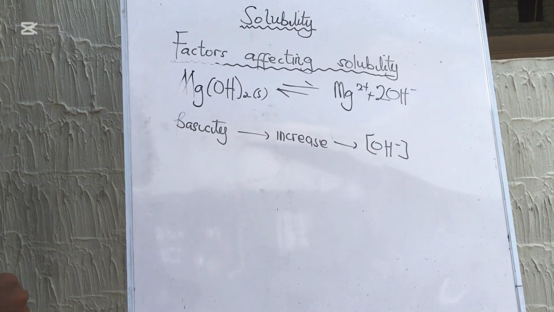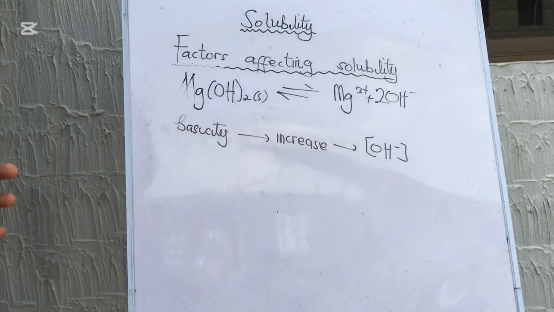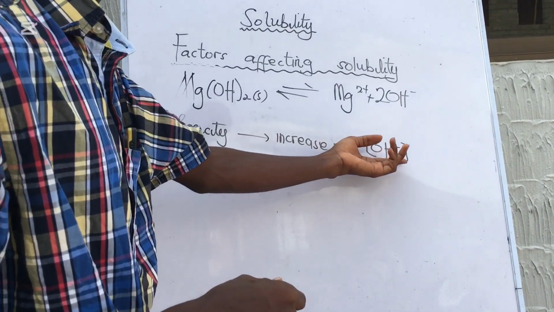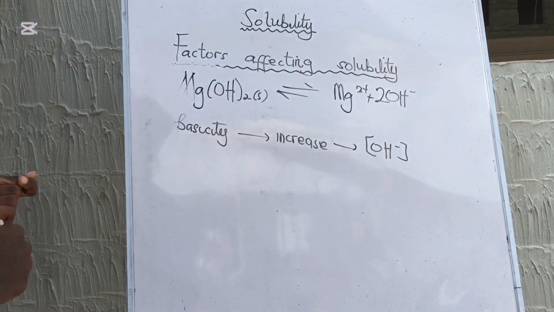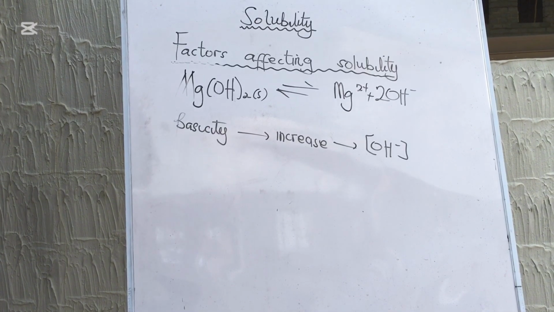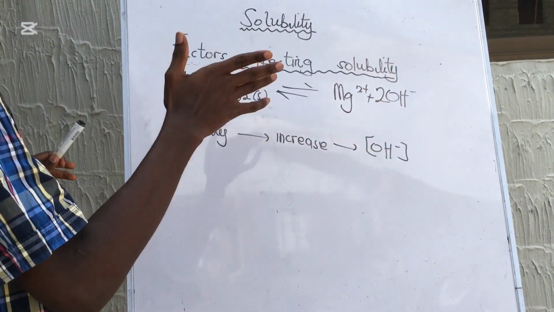Now, if you are introducing OH minus, we can explain this in 2 ways, and it will still give us a valid observation. First of all, the common ion effect can explain it. Secondly, you can also use the Le Chatelier principle, where the system will adjust itself.